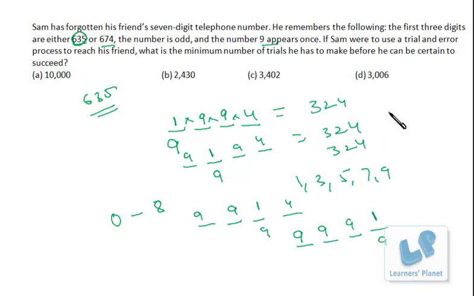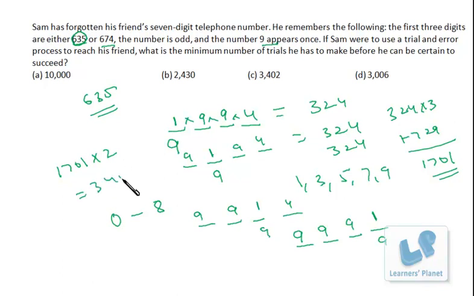So in all 324 into 3 plus 729 ways if the first 3 digits are 635. That comes to 1701. So 1701 ways for 635, and similarly 1701 ways for 674. So in all 1701 into 2, that is 3402 trials.